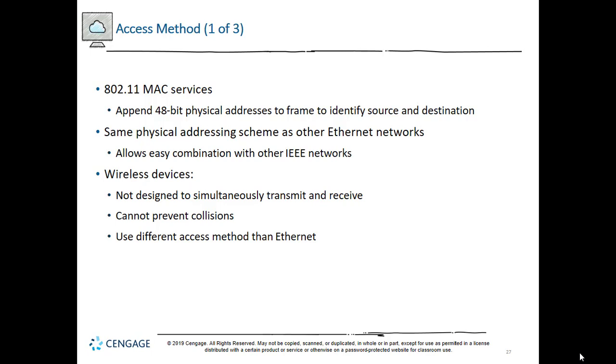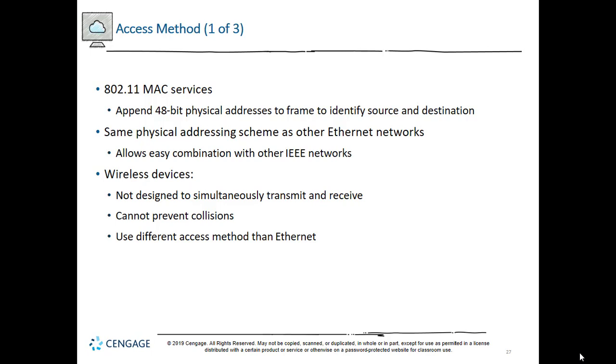It's your MAC address. The use of the same physical addressing scheme allows 802.11 networks to be easily combined with other 802 networks, including Ethernet networks. However, 802.11 networks use a different access method than Ethernet.